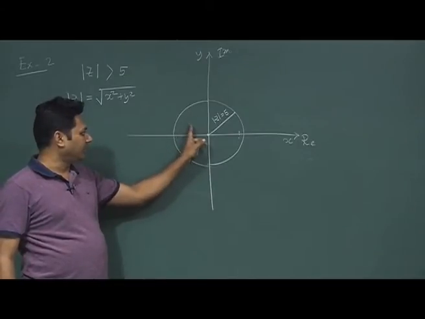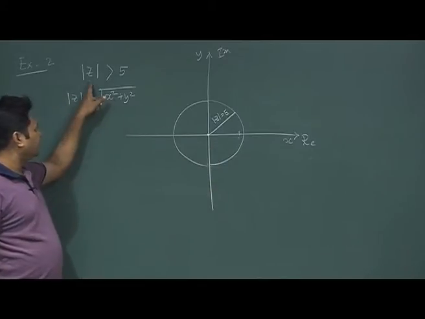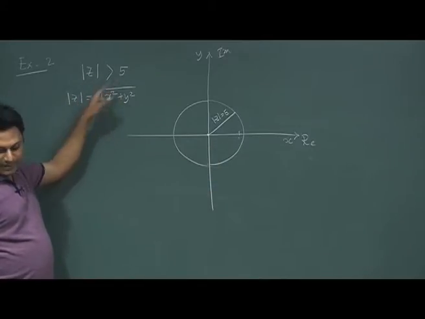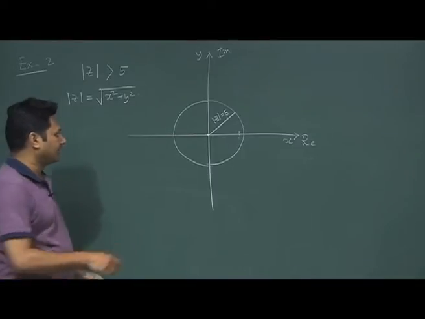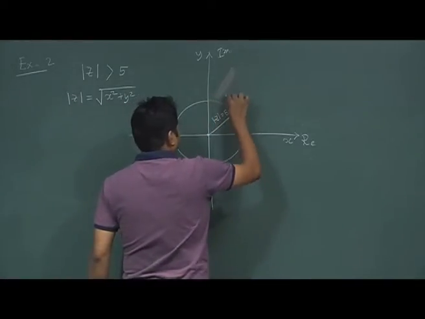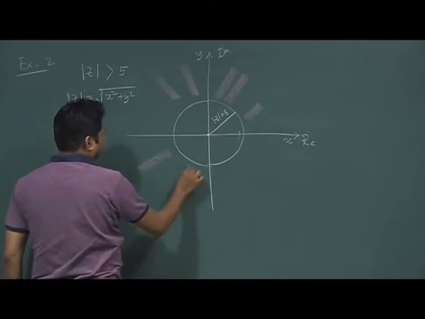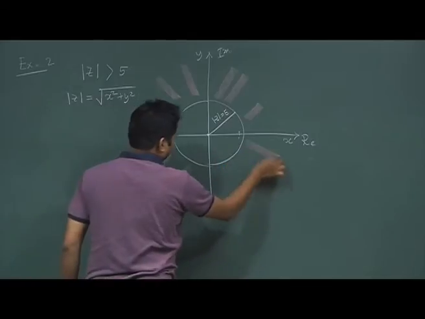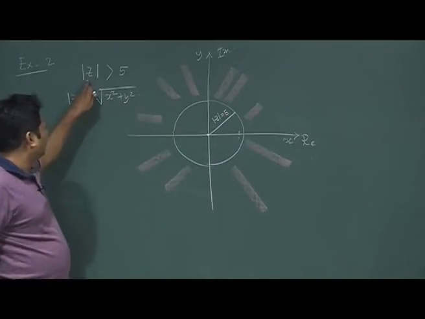Whatever the point over the circle is z, mod of z is equal to 5. Whatever the point inside is z less than 5, but my region is mod of z greater than 5. So all the points outside this circle will be the region mod of z greater than 5.